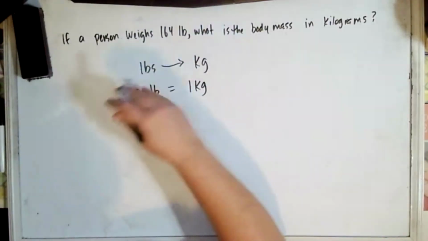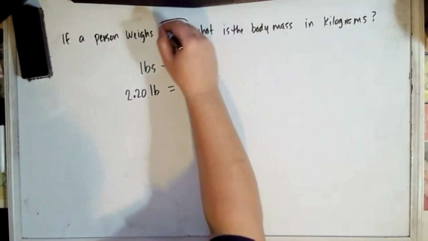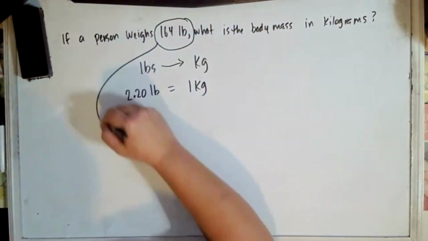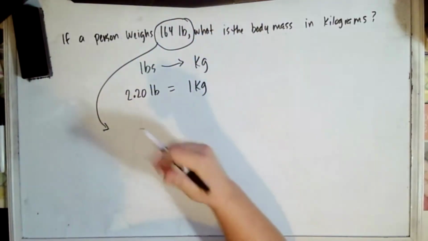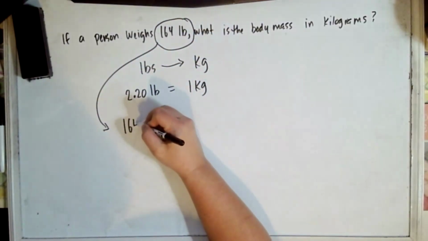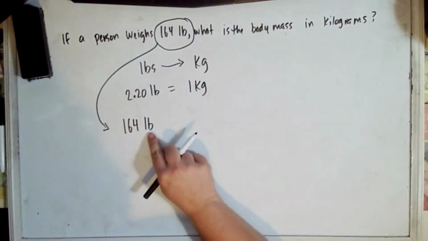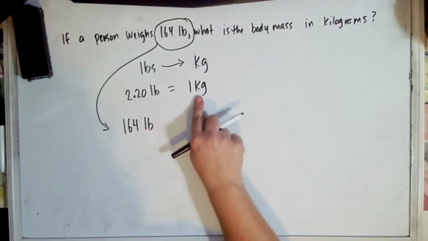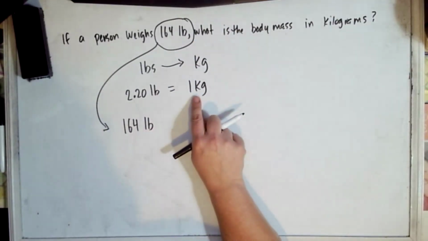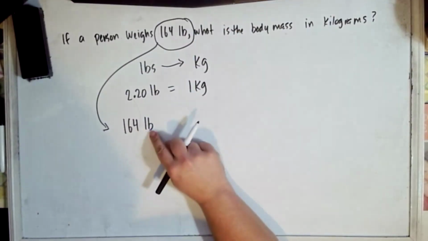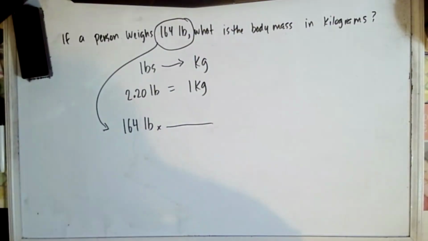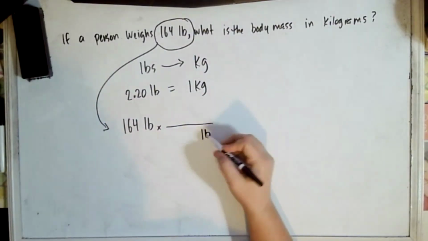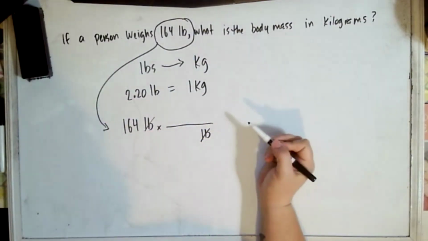And now we're going to look back at our question and we're going to start with the number that's given to us in the question. And we want to make sure to write down the unit as well. Because this unit is going to tell us which version of our conversion factor from this equality we would need to use. If we're starting out with pounds, that means that in our conversion factor, pounds needs to be on the bottom so that these can cancel out.